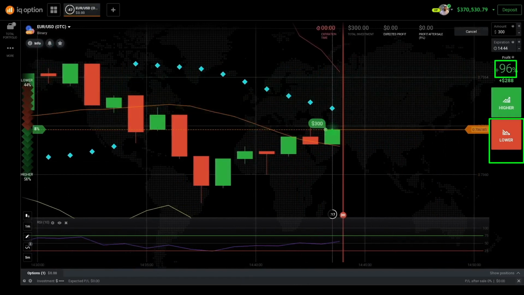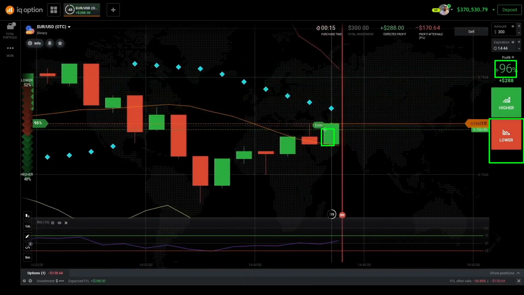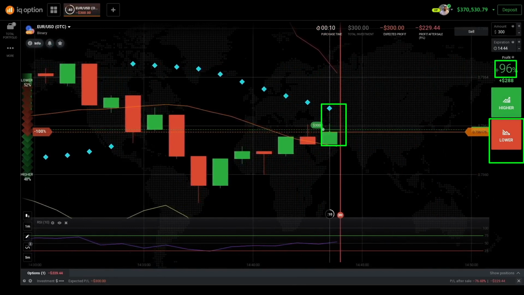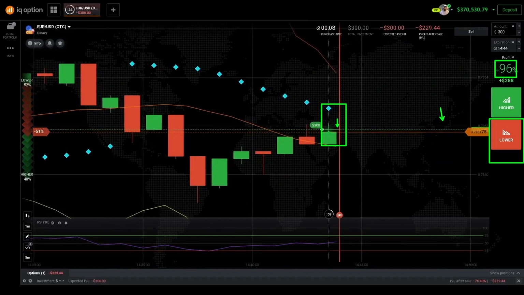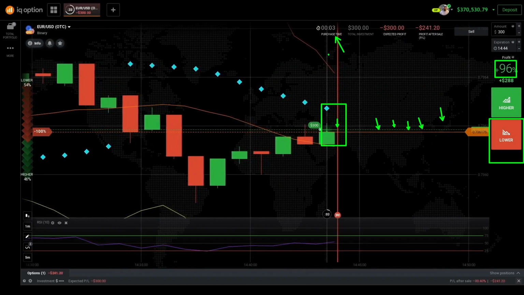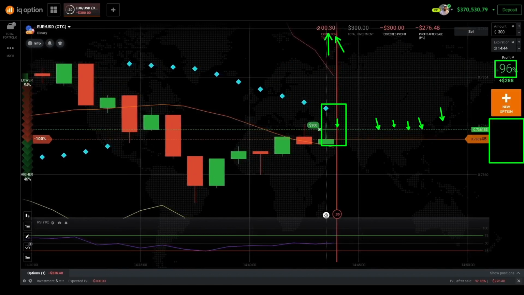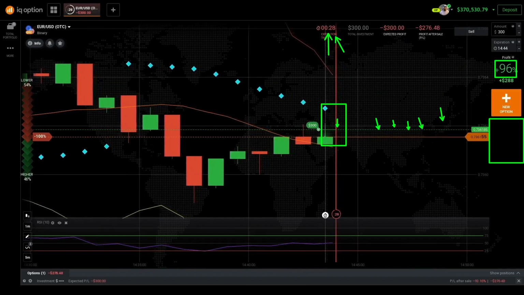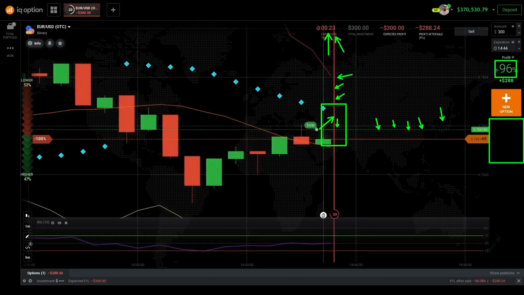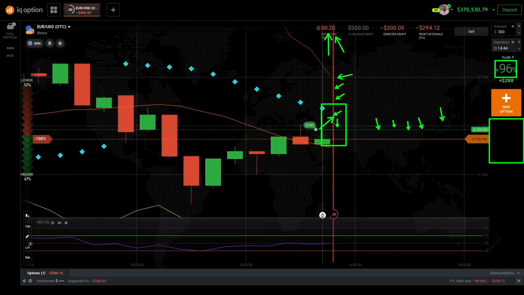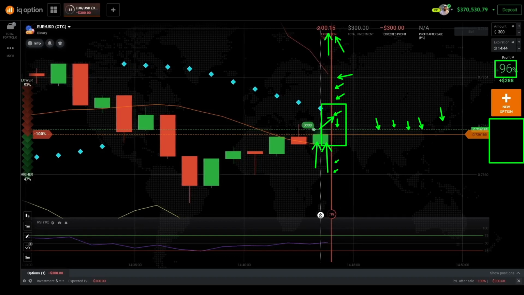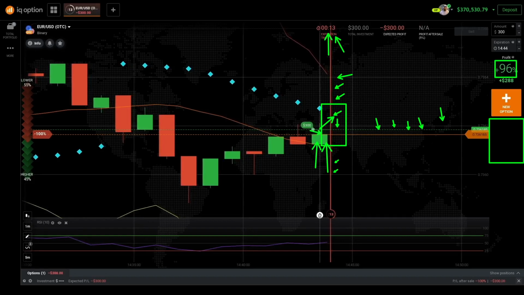In this case, I'm predicting that the market will go above this line, meaning by the end of this expiration time, I predict that the market will close here when it reaches this red line, meaning by the end of this candle.